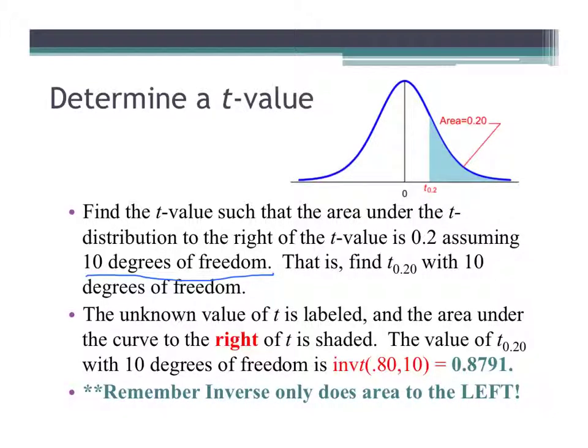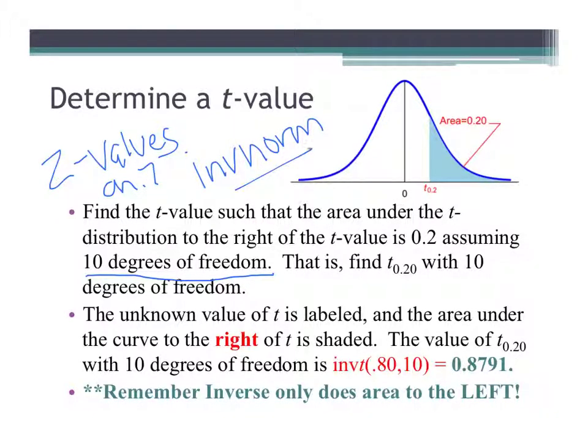Now, if you recall, when we were finding z values back in Chapter 7, we used inverse norm, right? Well, we're going to use a very similar thing. We're going to use inverse t. And just like inverse norm, the inverse t can only do areas to the left.